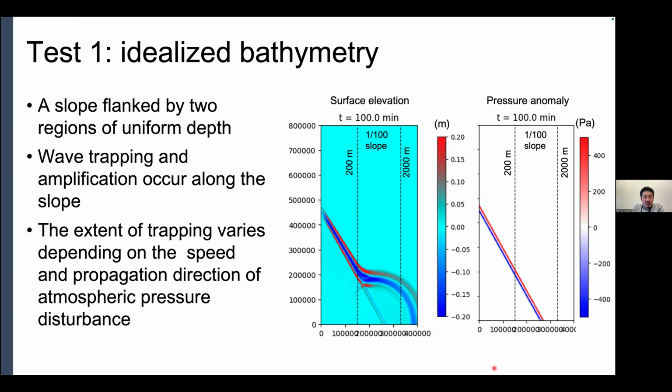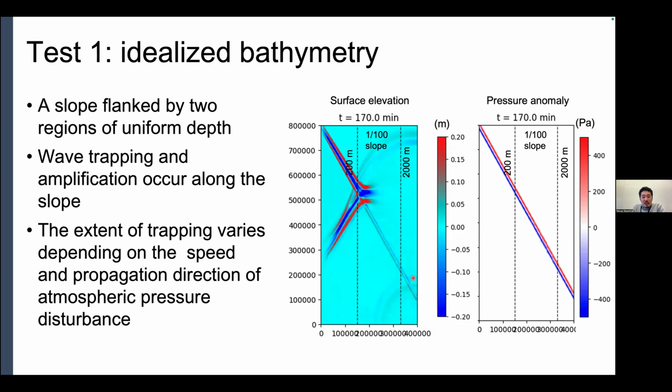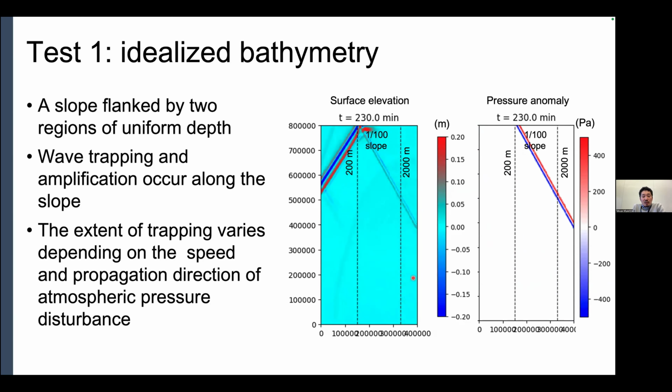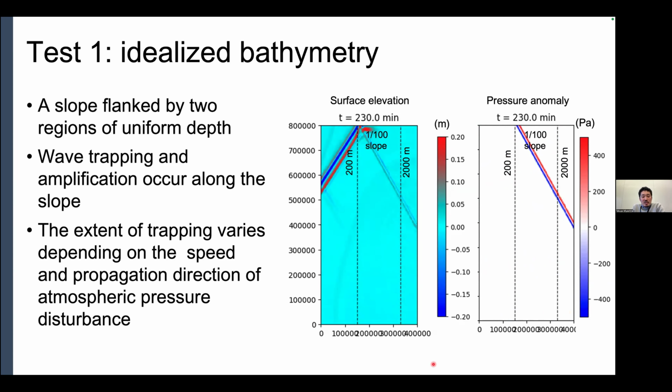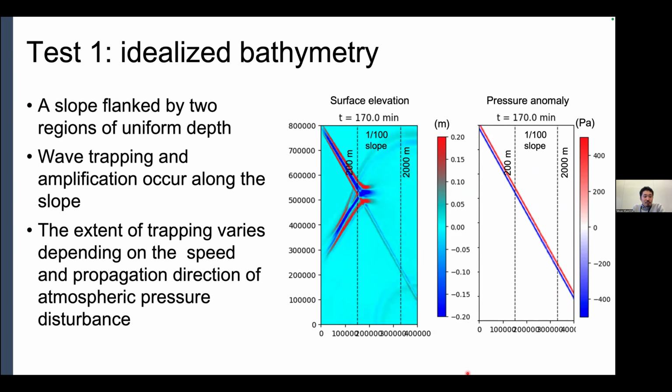And this trapping and amplification depend not only on the amplitude of the pressure disturbance, but also on its propagation speed and direction. Therefore, it is important to investigate the conditions under which this amplification occurs, both theoretically and numerically.